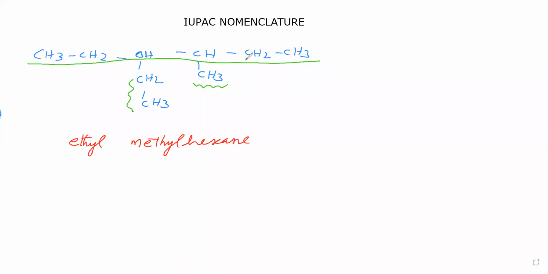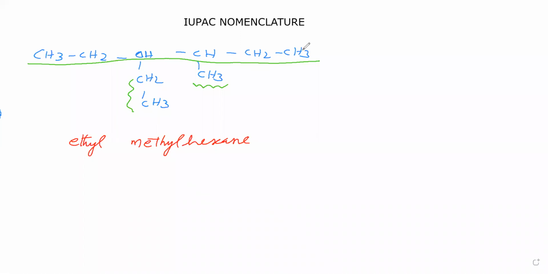Hexane. Now we have to give the numbering to the parent chain. How to give the numbering? The one which has to get the least position.